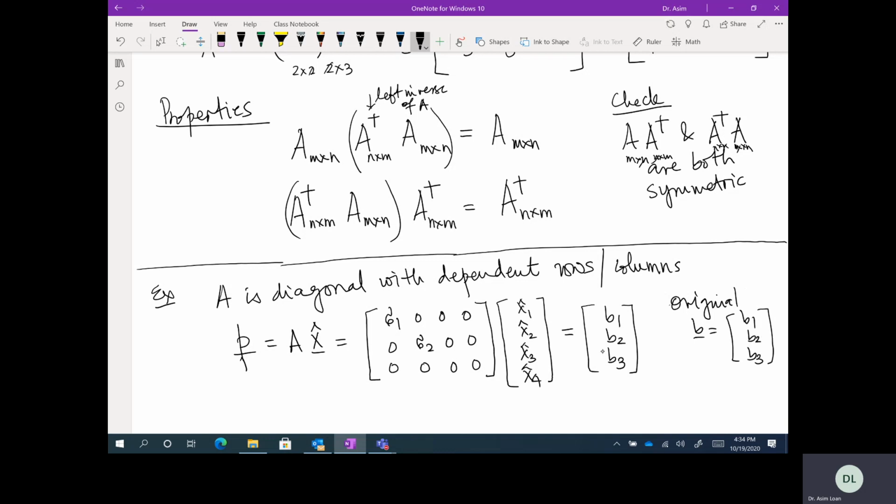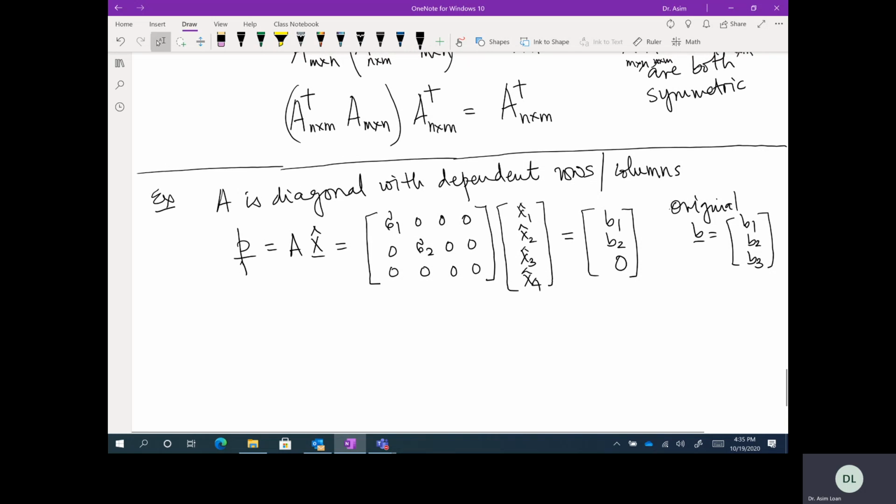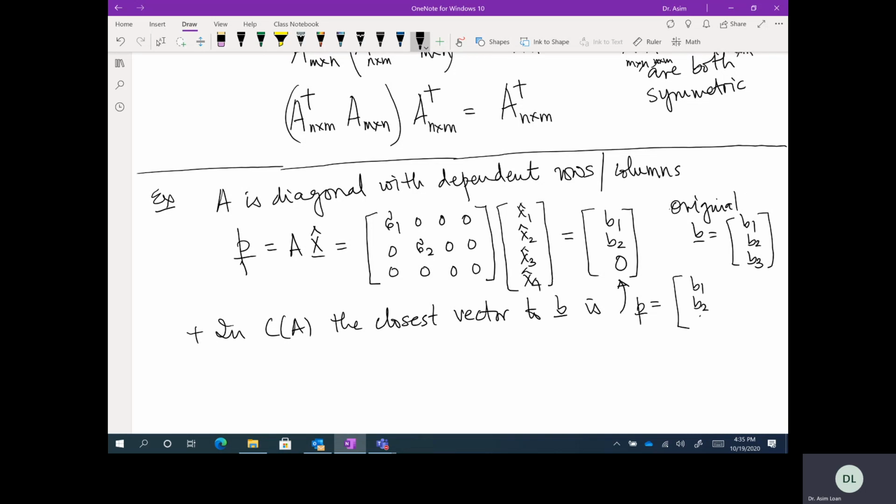So what we have done is we have projected this one and we have made b3 equal to 0. So in the column space of A, the closest vector to b is this one, P, which is equal to b1, b2, 0.